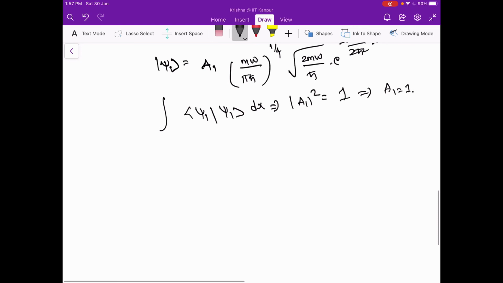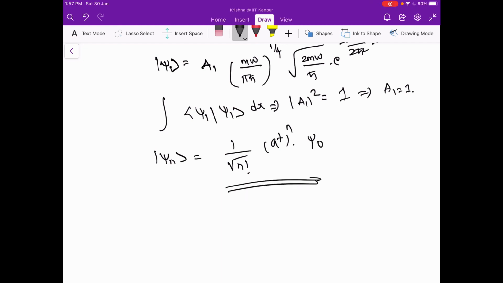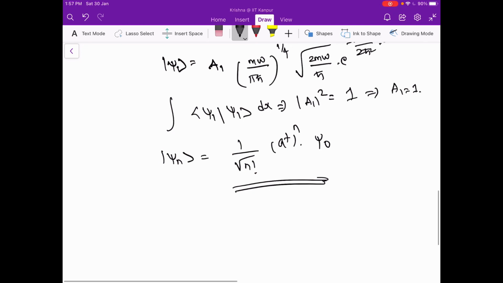Okay, so similarly we can always write psi n as 1 by root n factorial A dagger power n psi naught. Okay, so this is the general form of any excited state of a harmonic oscillator.